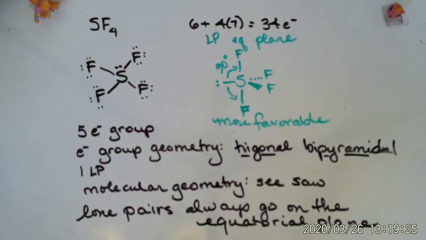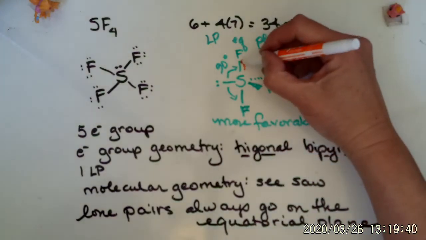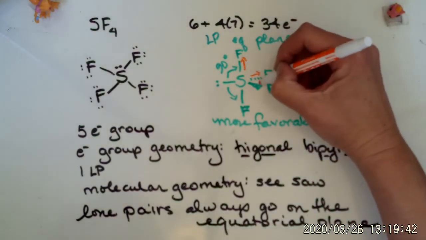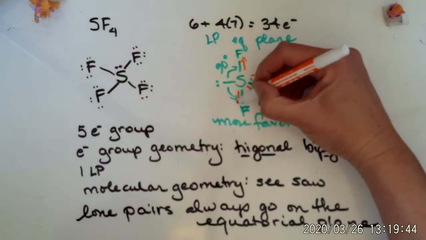Okay, so when we talk about having 5 or 6 electron groups, then we're looking at trigonal bipyramidal or octahedral. So let's do an octahedral before I move on. And also, just before we go, I have a polar bond here, polar bond there, polar bond here, and polar bond there.